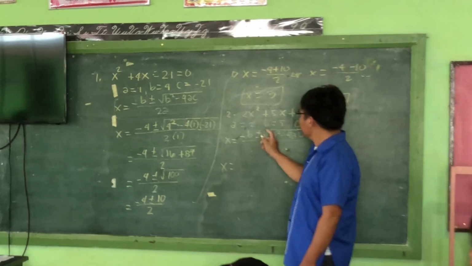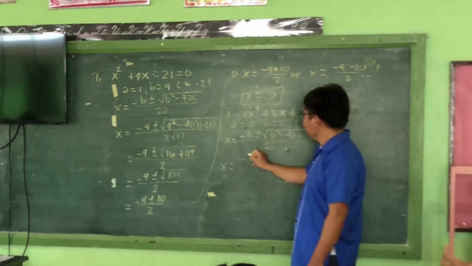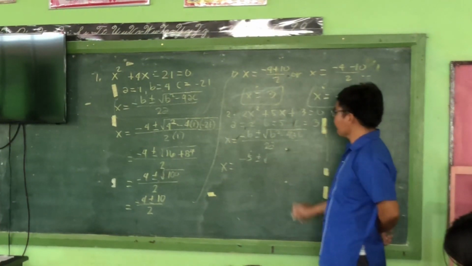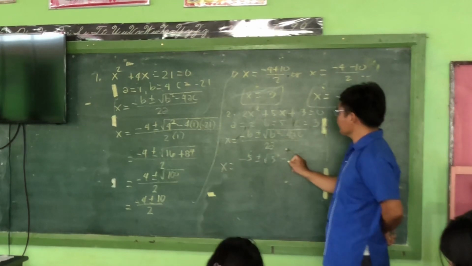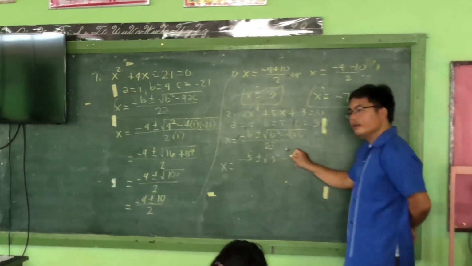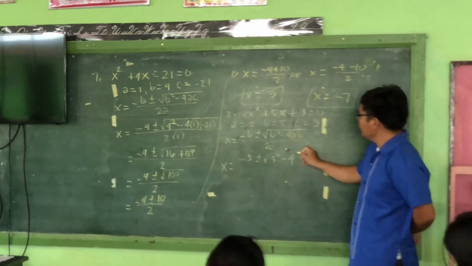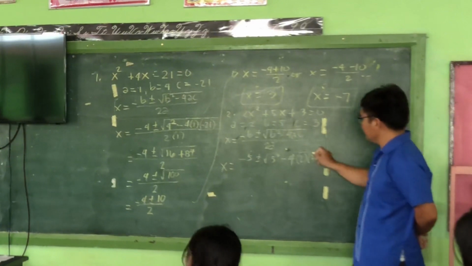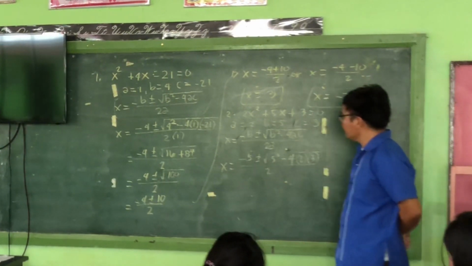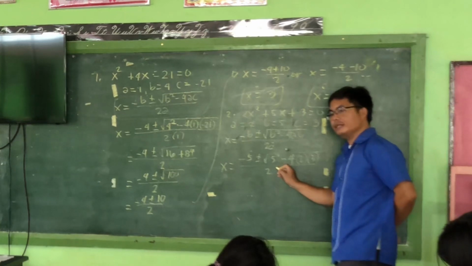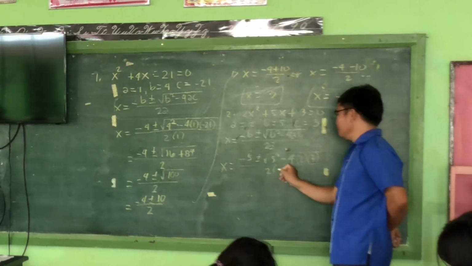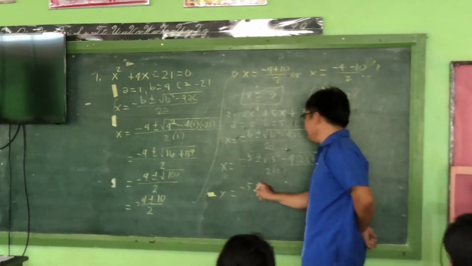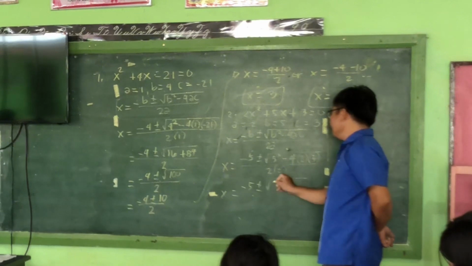So substitute: x equals negative 5 plus or minus the square root of 5 squared minus 4 times 2 times 3, over 2 times 2. x here is equal to negative 5 plus or minus the square root of 25.